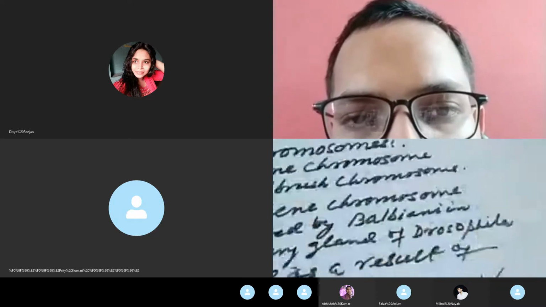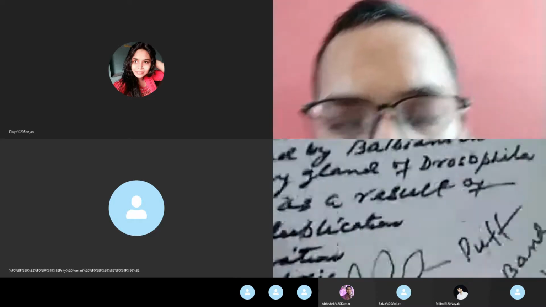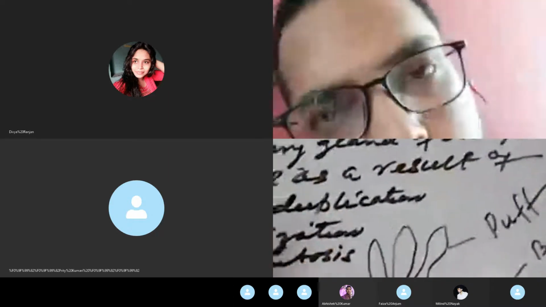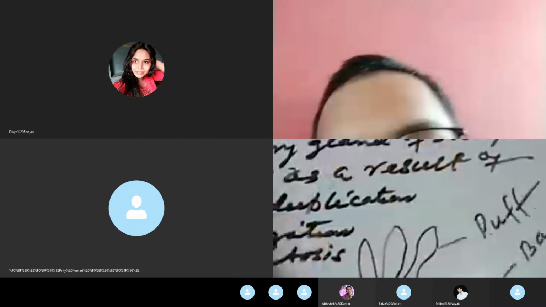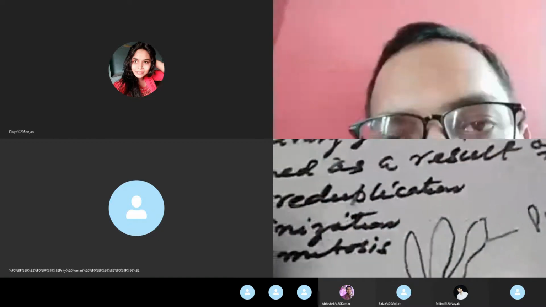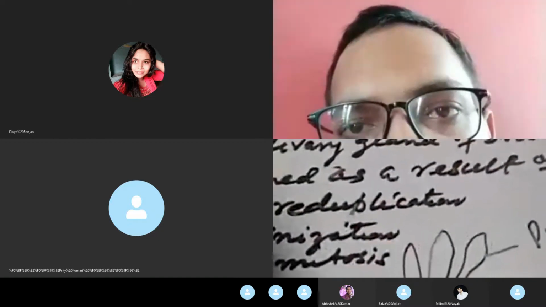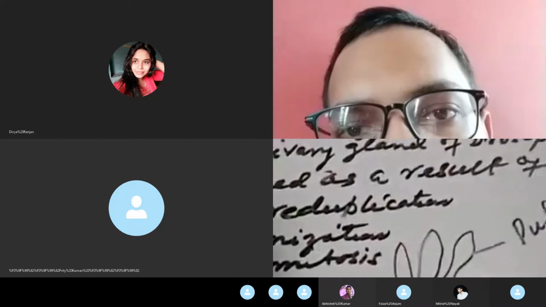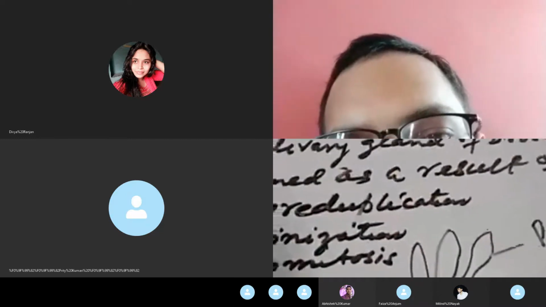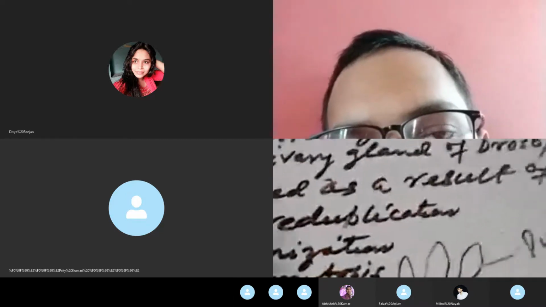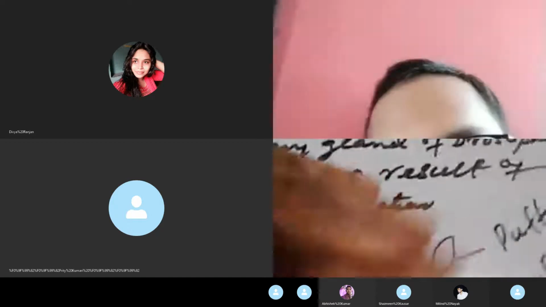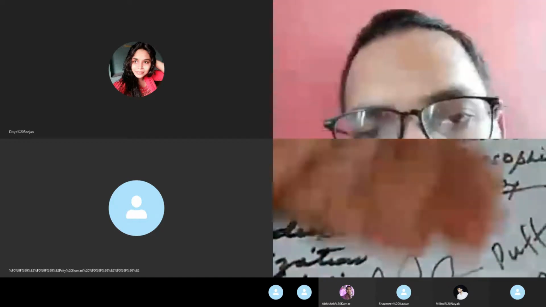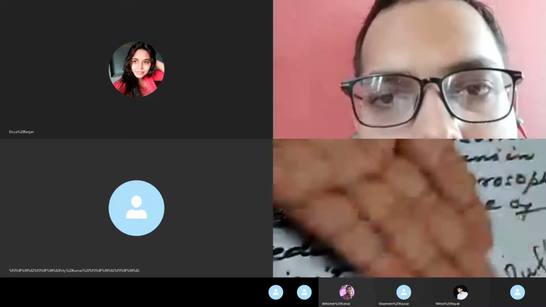This is the structure of a polytene chromosome. I have shown here only 4 strands, but there are a number of threads. You can say chromatids or chromosomal fibrils. You can use whatever term you like.